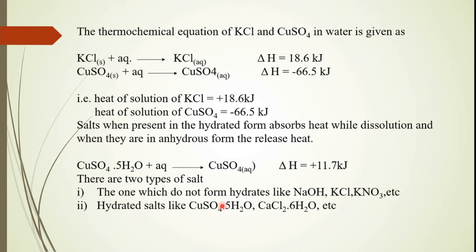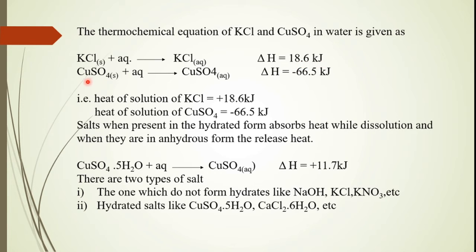So next we will see the thermochemical equation of heat of solution of KCl and CuSO4 in water. When KCl is dissolved in water to form an aqueous solution of KCl, the delta H is equal to plus 18.6 kilojoule.